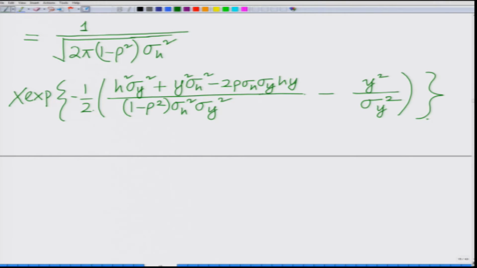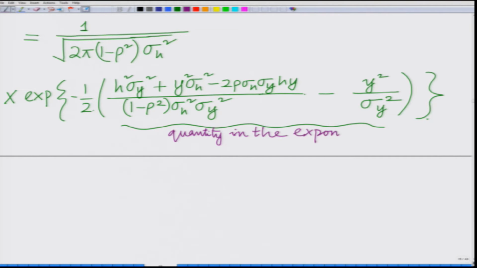So, this is the quantity in the exponent, e to the power of minus half times this quantity.